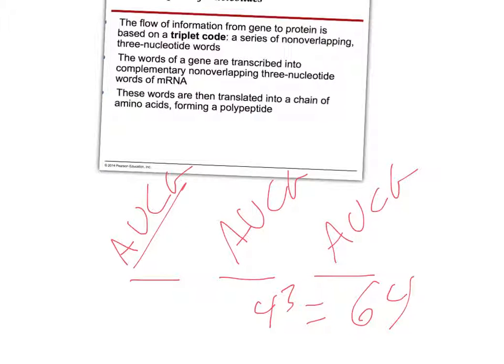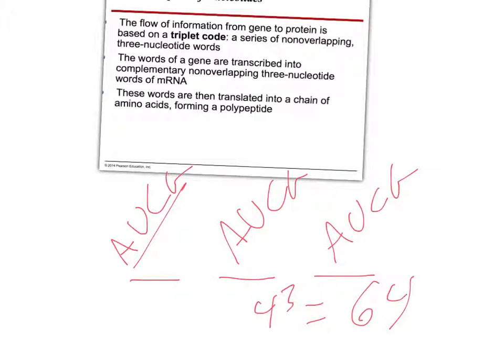How many amino acids do we have? 20. How many possible codes do we have for all those amino acids? 64. What does that tell you? Either they're not all used or some of them are reused. They're used more than once.